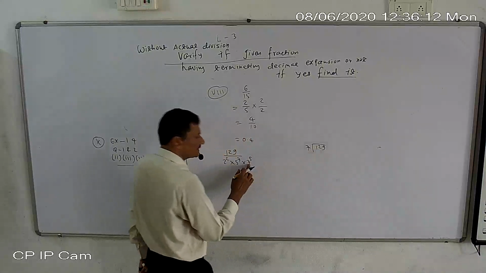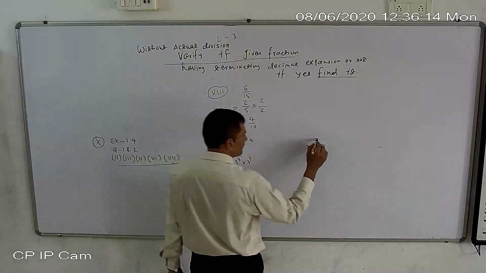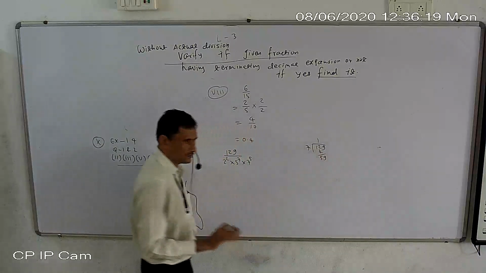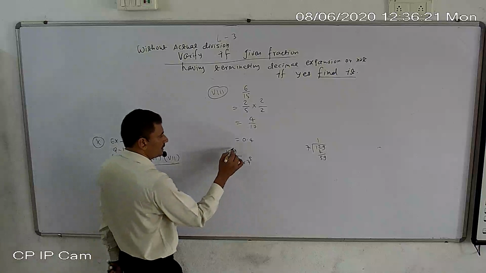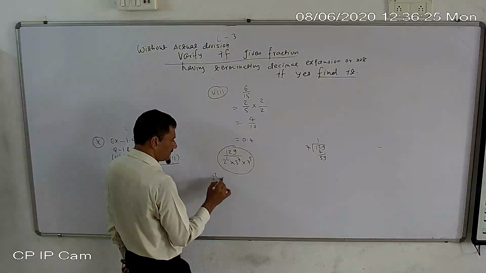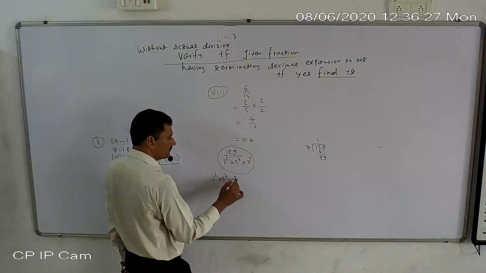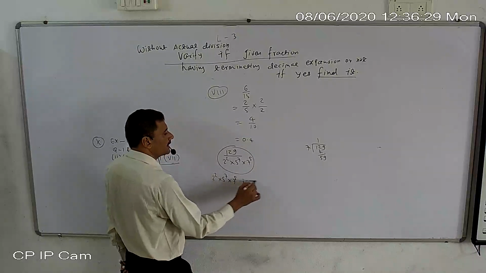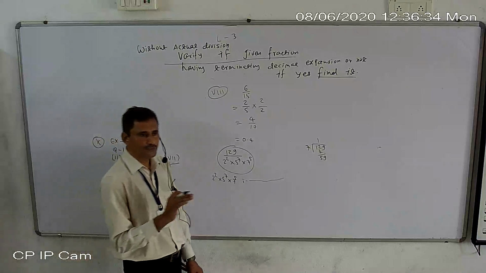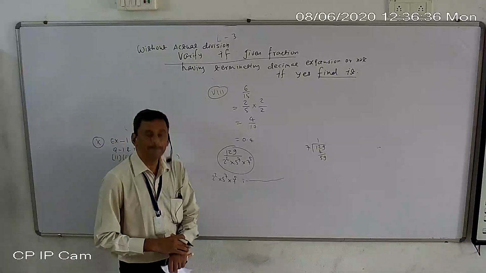Why? Because 7 is here. Okay, so 7 will just 7, 5, 9. So 59 is not a multiple of 7. So after finding this, you just say that 2 raised to 2, 5 raised to 7, 7 raised to 5 is not in the form of 2 raised to n, 5 raised to m.